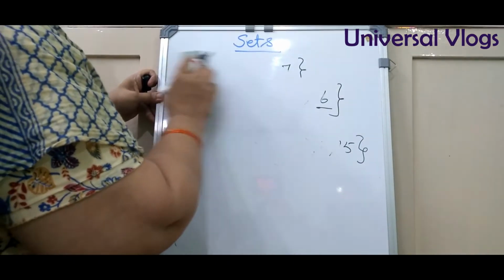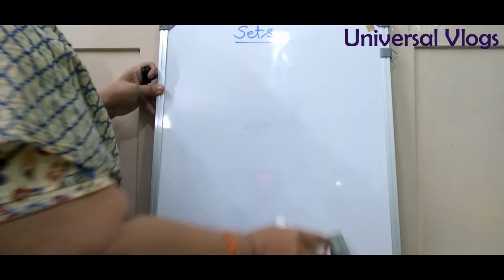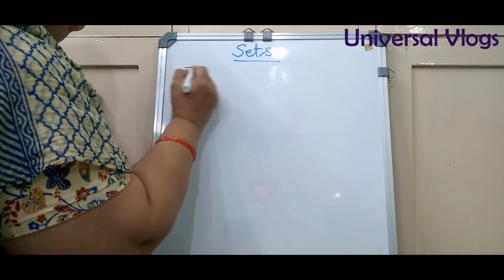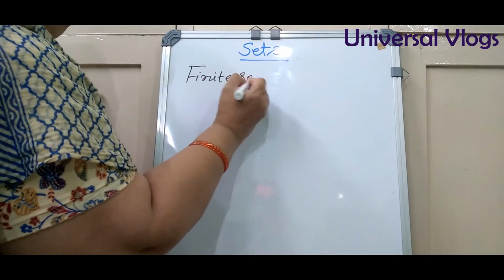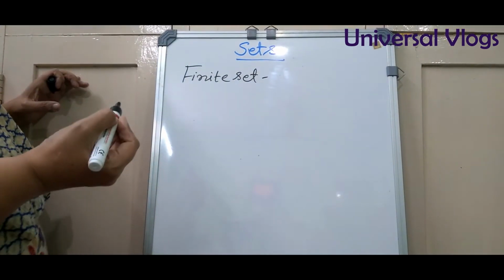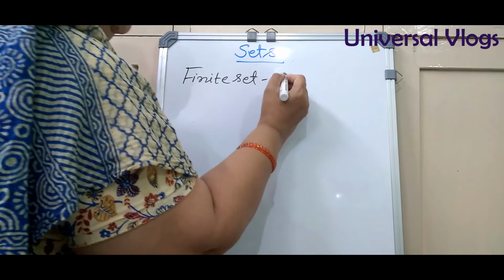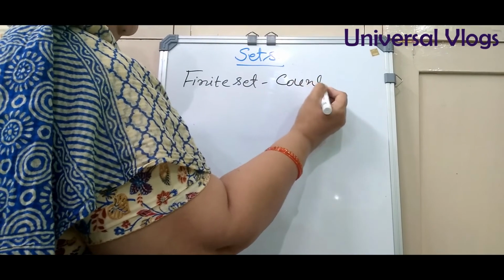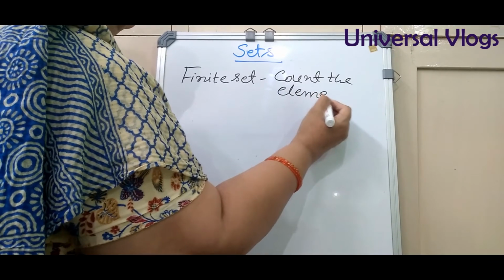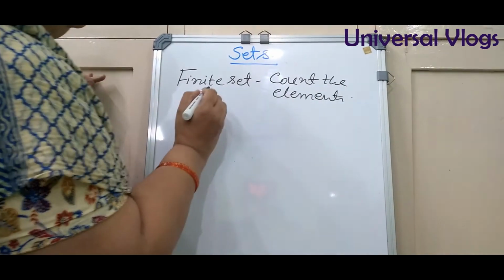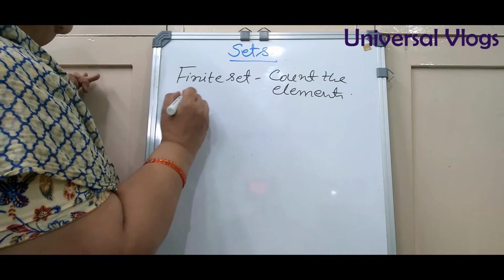In the types of sets, first will be the finite set. In a finite set, we can count the number of elements. For example, the days in a week.